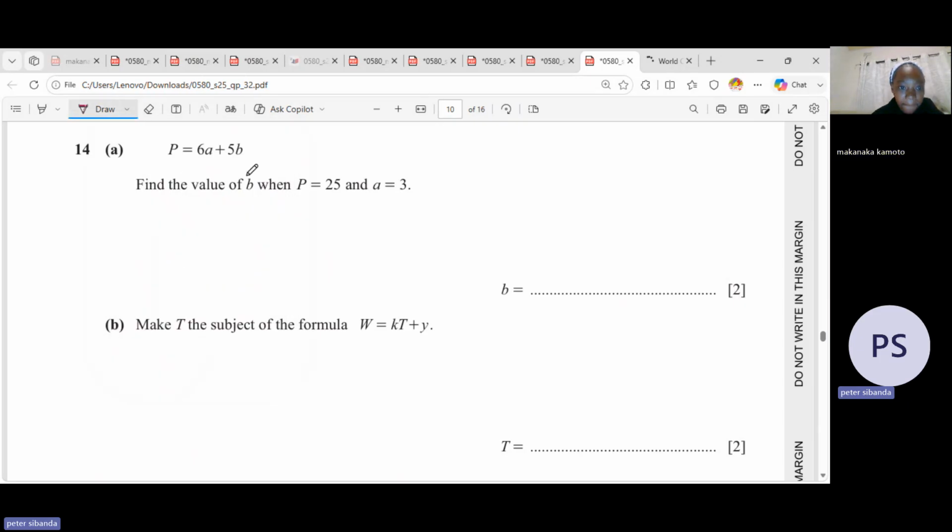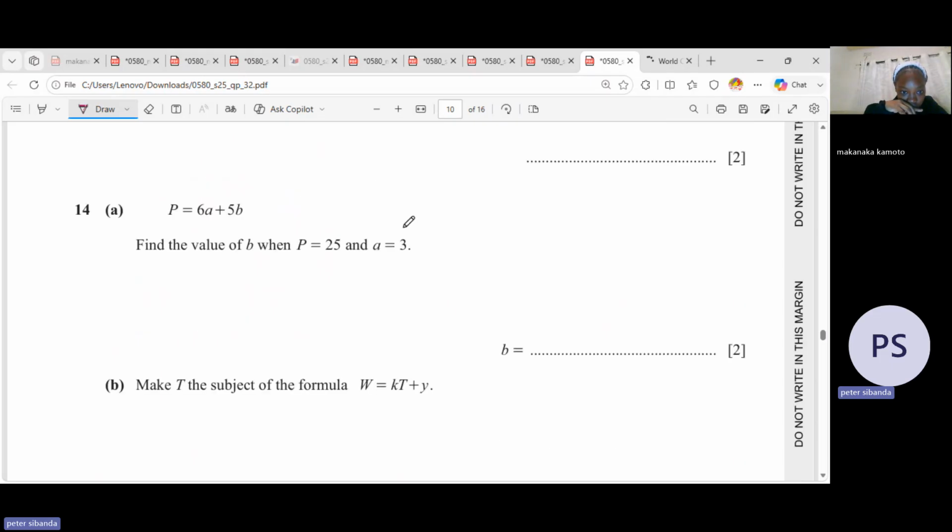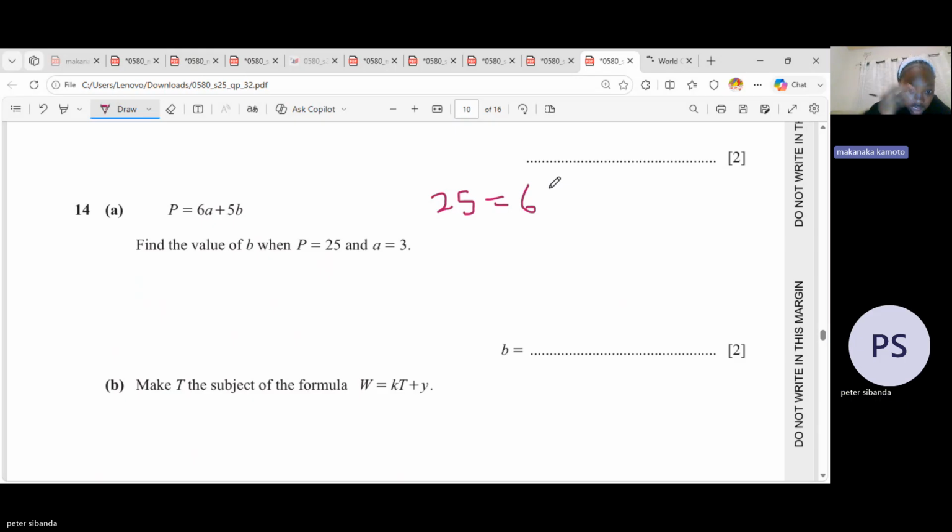Look, it's p equals to 6a plus 5b, and then you're told find the value of b when p is equals to 25 and a is 3. So using your second method, what should I do? Replace the p with 25. Okay, 25 is equals to 6 bracket 3 close brackets plus 5b.